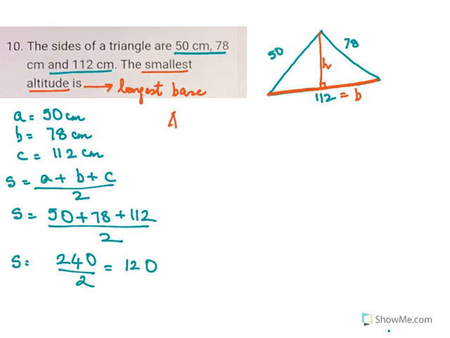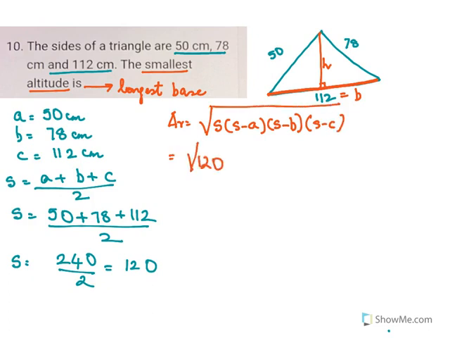Now the second step is to find the area, which is the square root of S, S minus A, S minus B and S minus C. So S is 120, S minus A will be 120 minus 50, S minus B is 120 minus 78, and S minus C is 120 minus 112.